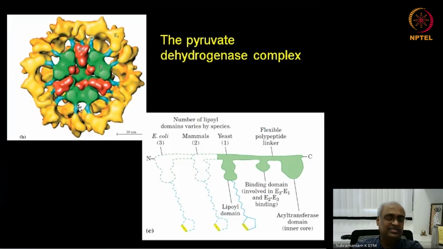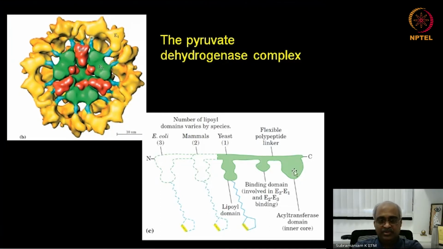This is like a cross section. So the main thing we want to focus on is this E2. This is the one that is really responsible, which plays a pivotal role using the lipoic acid moiety. I'll come back to that and explain how all of this works after we look at the reaction sequence.